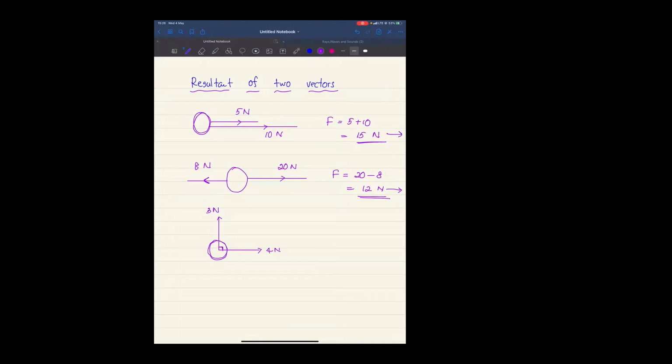Now what is the resultant? One newton to the left? Who is telling 7? Why 1? Anyone with a different answer?